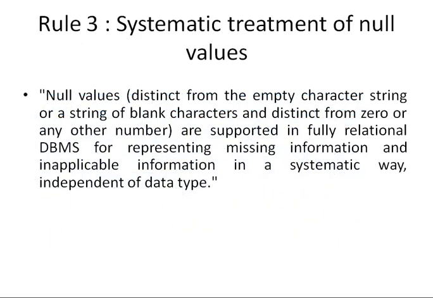Now we are moving to the third rule, that is systematic treatment of null values. Yes, your third rule is related to the null value. This null value must be given systematic and uniform treatment. So why is this null value needed? Dear student, this null value is used for representing missing information.